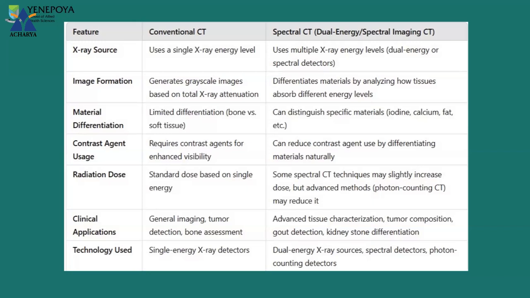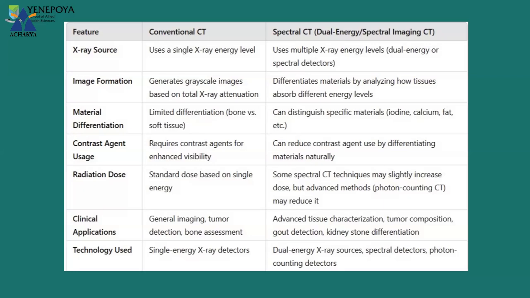Next, the contrast agent which is being used. In conventional CT you use a specific amount of contrast media if you want to delineate the structures in a better way. But in spectral CT there is a technique called virtual monochromatic images, where you can take the images at different energy levels.